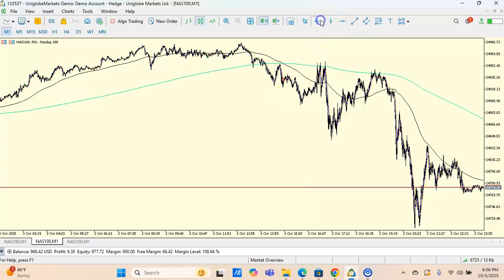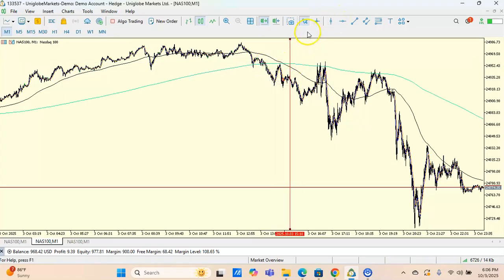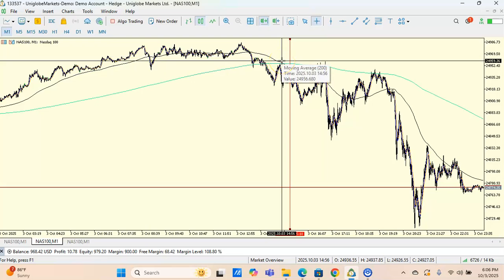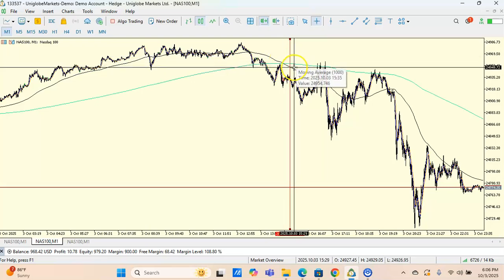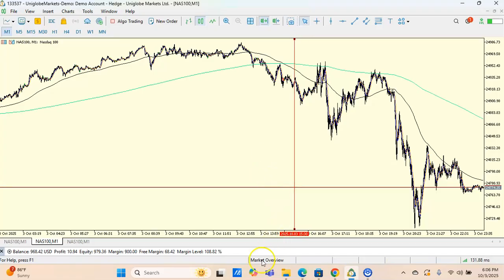Let me do this correctly. So I'm gonna just put a line right here, then I'm gonna find 15:30. About right there, I need to move that over right there. All right, about right there, 15:30.